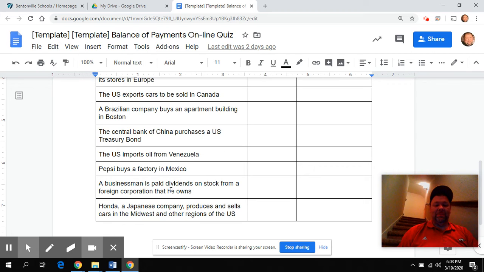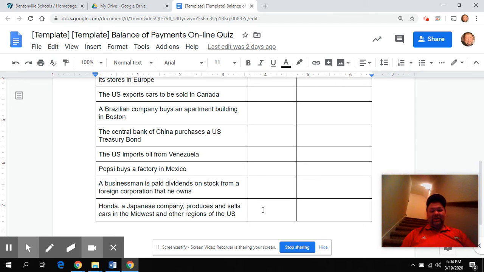A businessman is paid dividends on stock from a foreign corporation that he owns. That is a credit, and it's current account because it's the money he's making from the stock. It's not the purchase of the stock. Then Honda, a Japanese company, produces and sells cars in the Midwest and other regions of the United States.